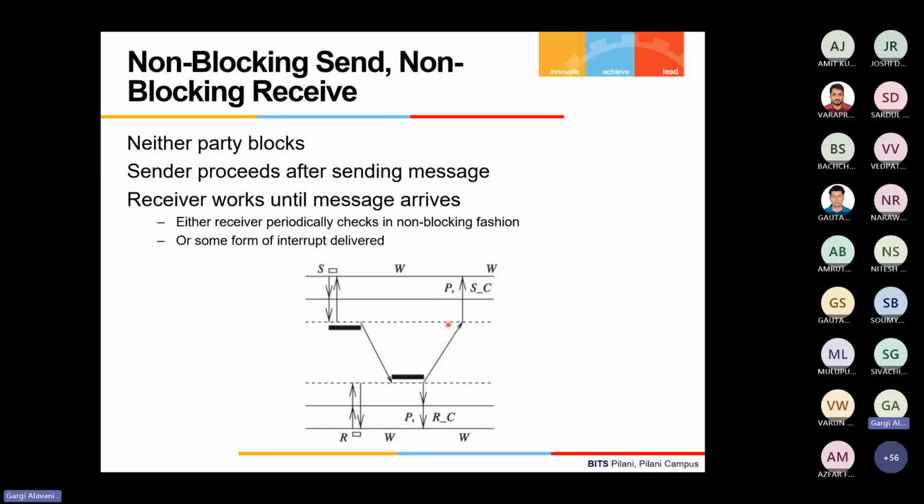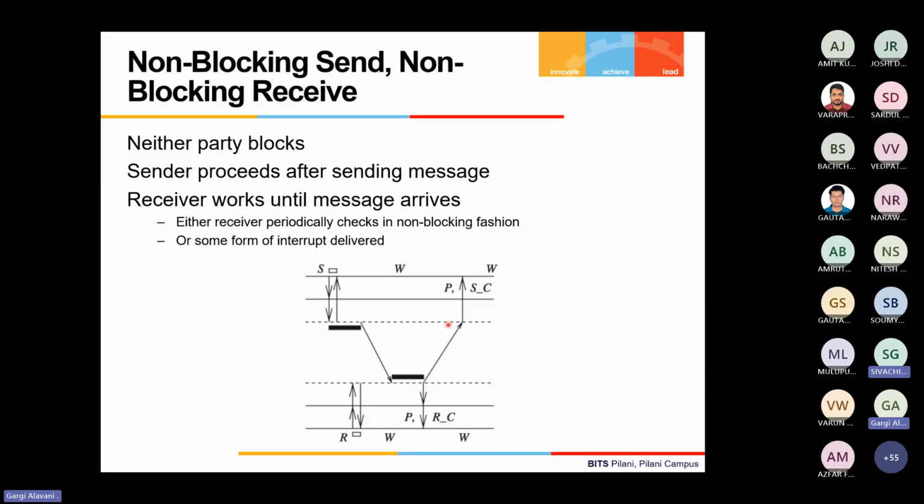There is another approach where there is non-blocking send as well as non-blocking receive. Here, neither party is blocked. The sender will proceed after sending the message. The receiver will keep working until the message arrives.